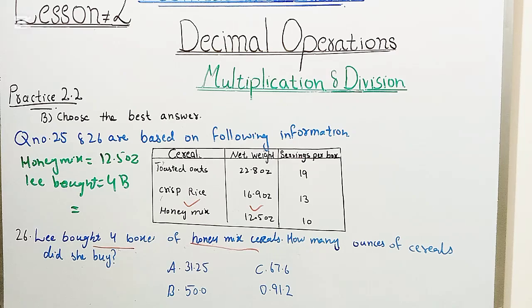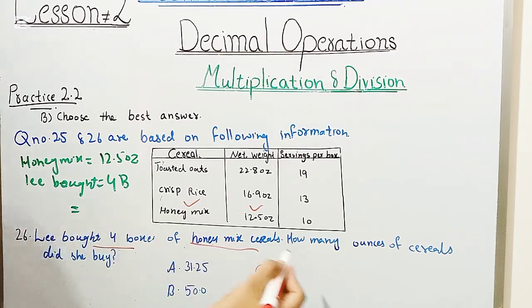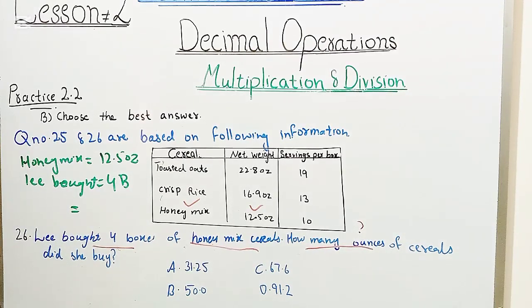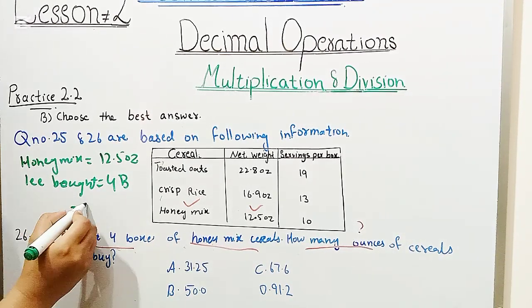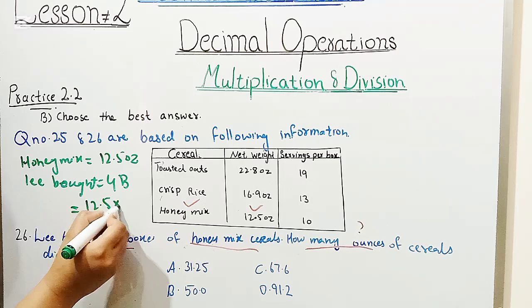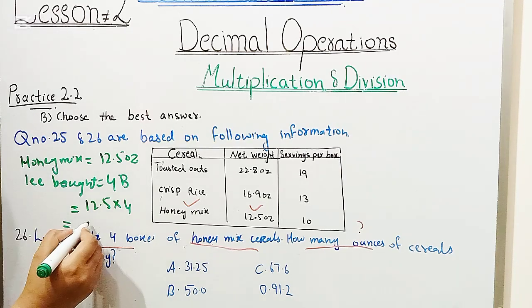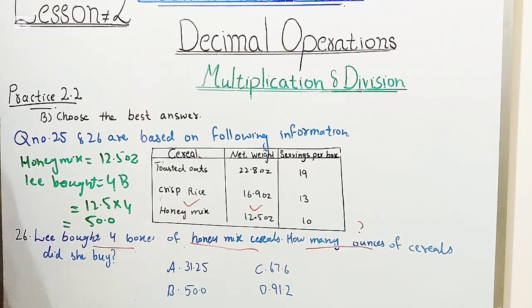Now multiply to find the total weight, because we need to find how many ounces of cereal she bought. So 12.5 multiplied by 4. My answer is 50.0. Option B.